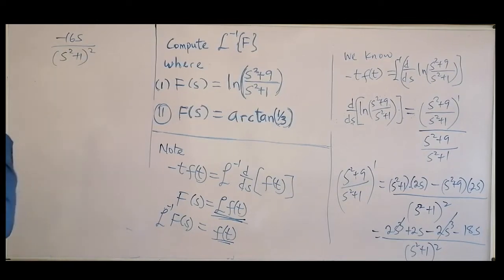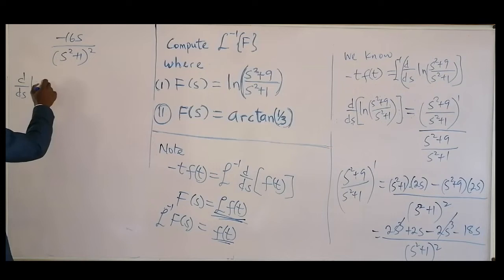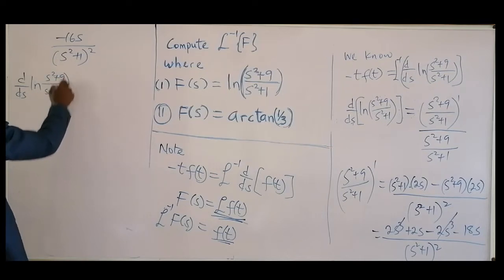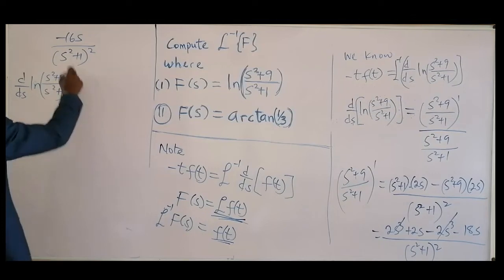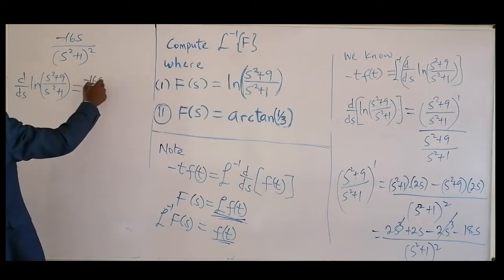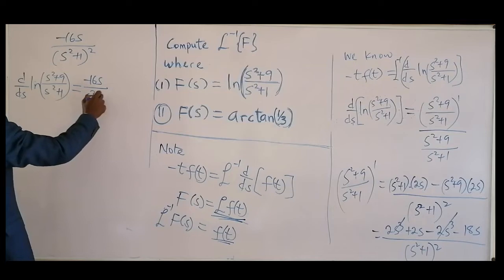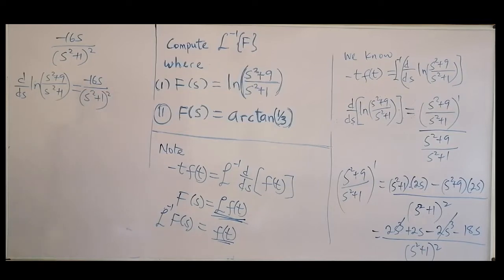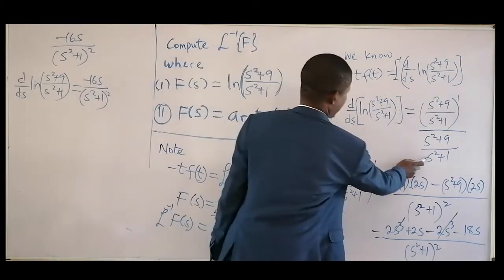So we've done the differentiation now, and we need to finish the algebra. So d/ds of ln((s squared plus 9) over (s squared plus 1)) is equal to what we have here, minus 16s over (s squared plus 1) squared. Don't forget what we said, divided by the function itself.